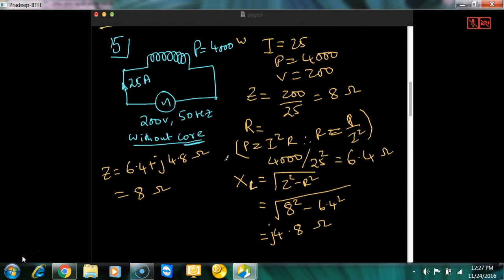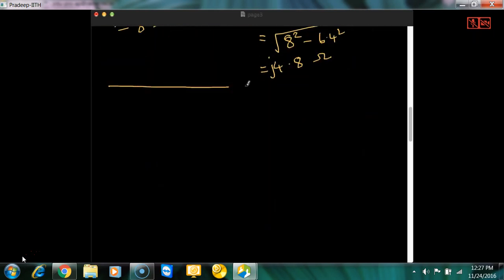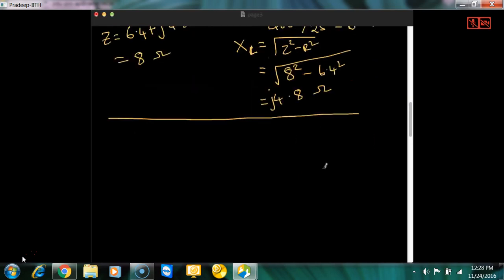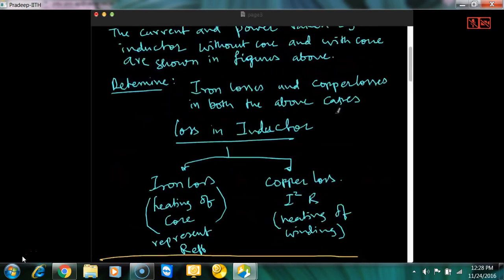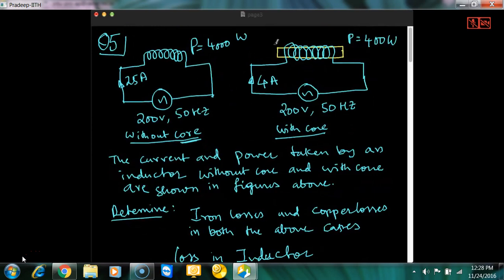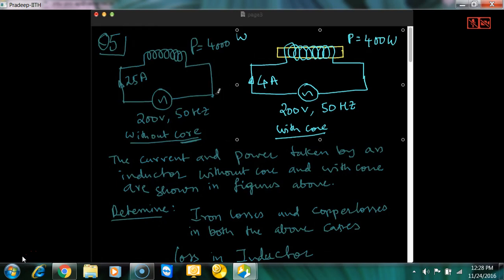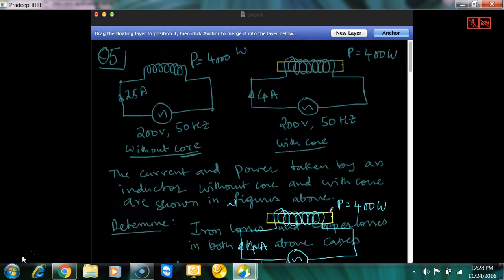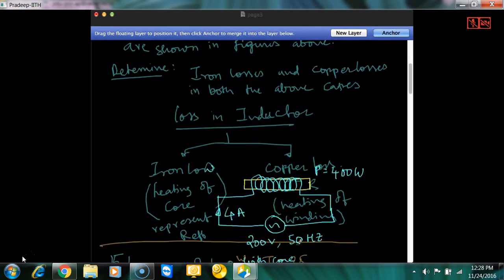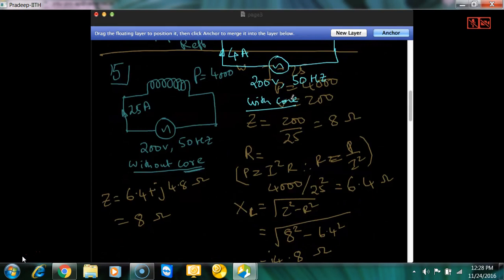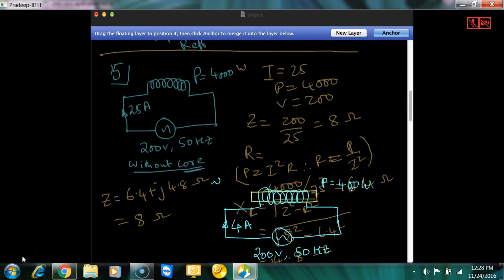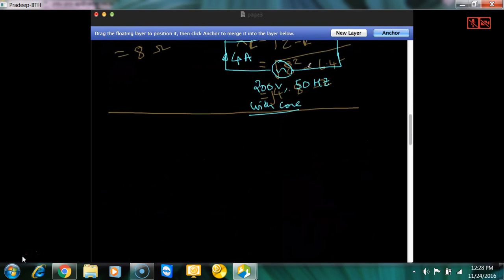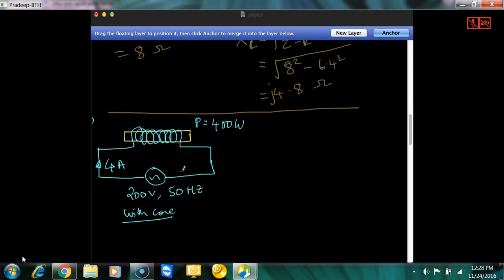Now consider the case where there is a core. So again let me copy the image. So now I am calculating with core.